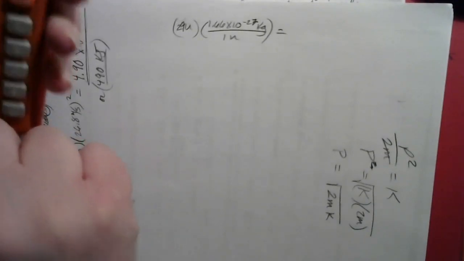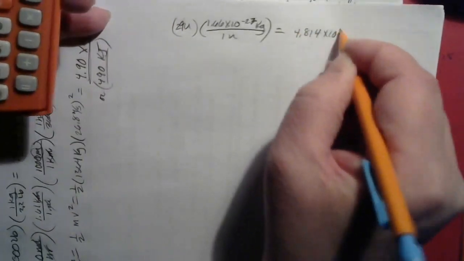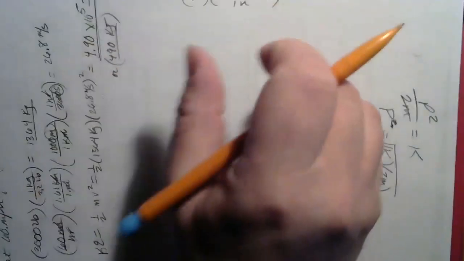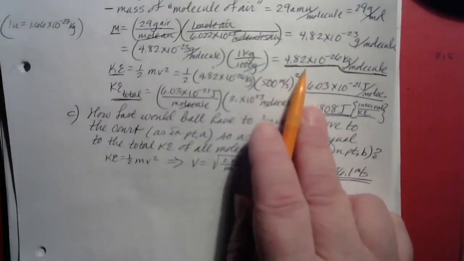So it's 29 U times 1.66 times 10 to the minus 27 kilograms for every one U. When you multiply that together, you should get 4.814 times 10 to the minus 26. That's 4.82, 4.81, close enough. That's what I got here.